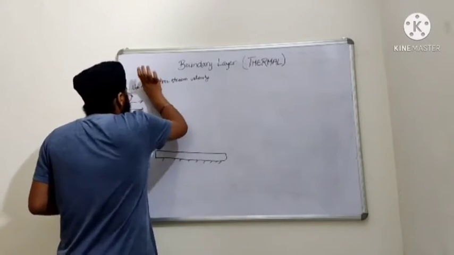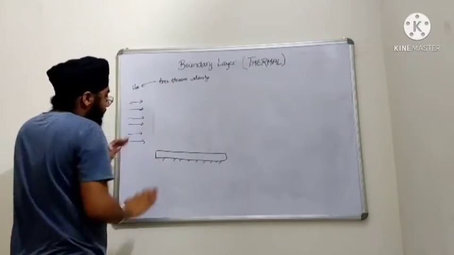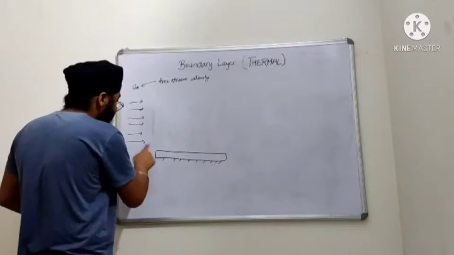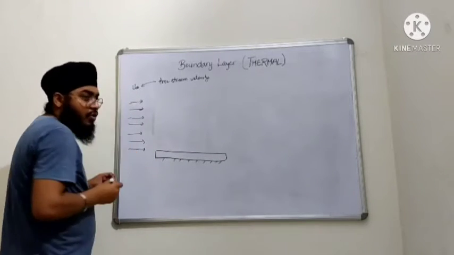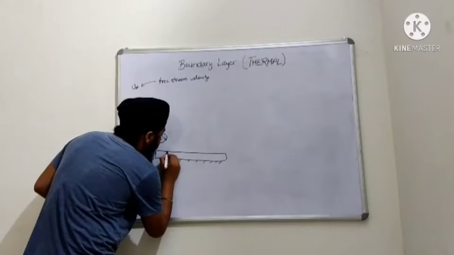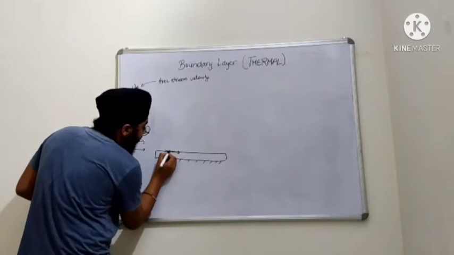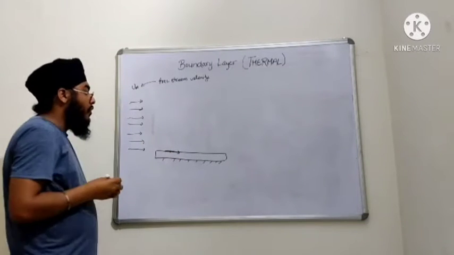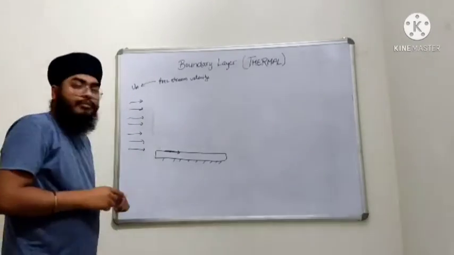Now, what we will see is when this fluid reaches the area where the plate is placed, the bottommost layer, the first layer from the bottom which is in contact with the plate, will actually stop moving.